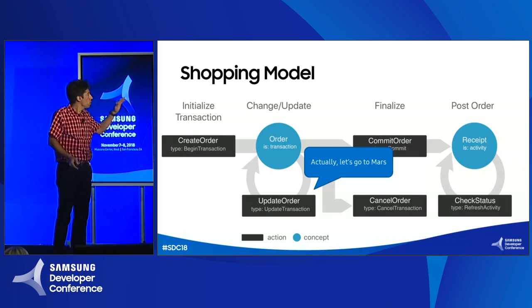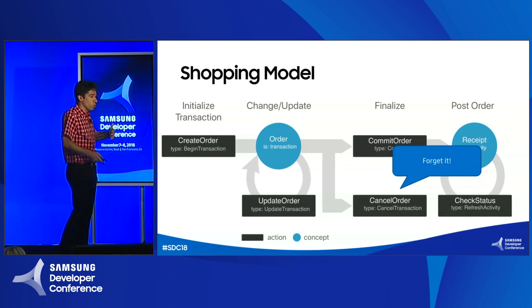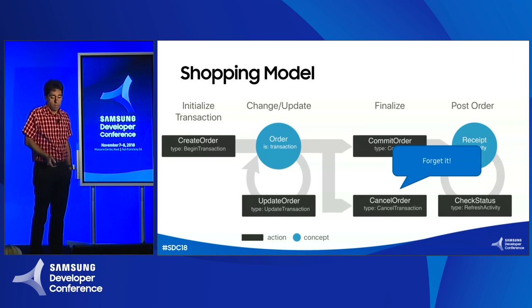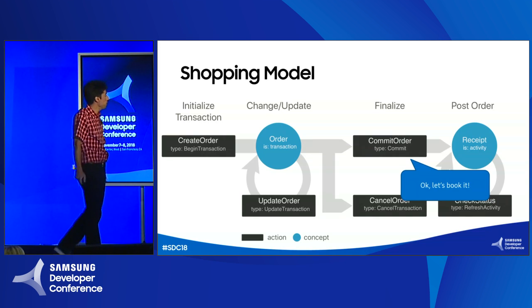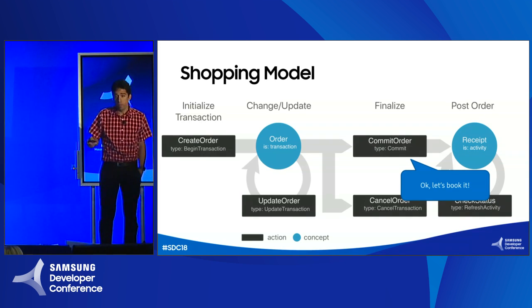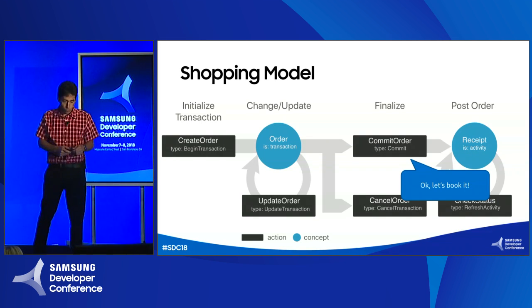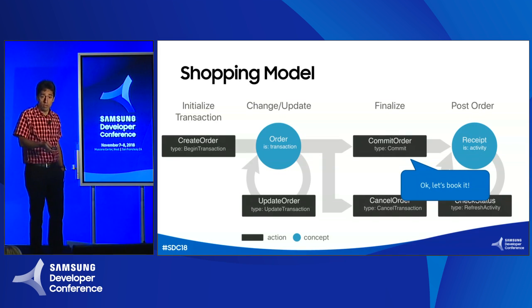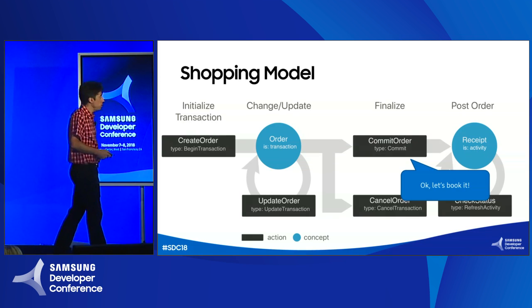When the user is on this order, they might decide that they don't want to go with it and they might want to cancel it. That's fine. We have an action here modeled for canceling an order. But if they are happy with it, they can book it. And that's like committing the order. At this point, if payments need to be made, they're going to be made on this action.